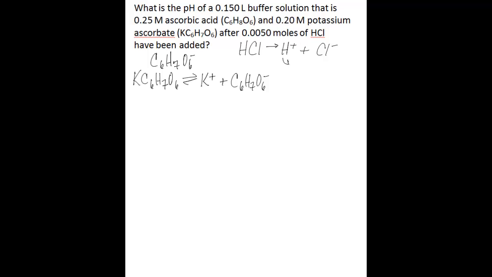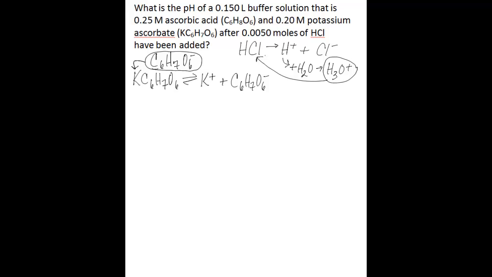And the proton does not hang around on its own for very long because it's very reactive. It reacts with a water molecule to give you the hydronium ion. So the neutralization, again, that occurs here is between the ascorbate anion that's coming from the potassium ascorbate and the hydronium cation that's coming from the hydrochloric acid.